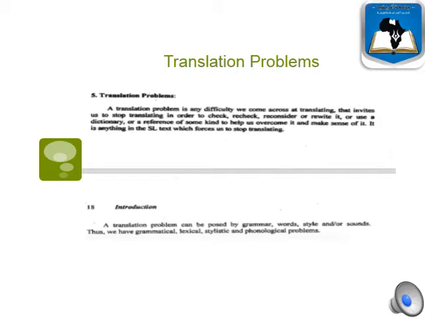Sometimes the sound is different. Sometimes we misspell the word. Therefore, we have grammatical, lexical, stylistic, and phonological problems. So in this case, we may want to recheck our translation in order to avoid such problems.